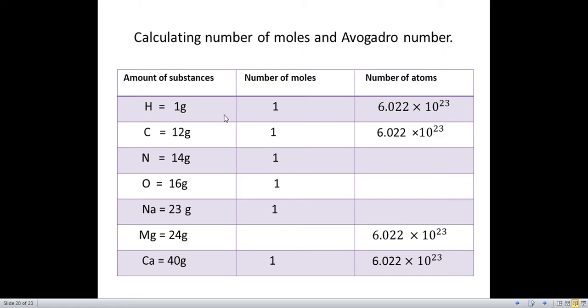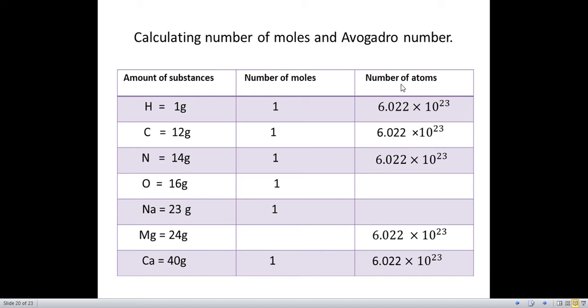Hydrogen 1 gram, 1 mole; carbon 12 grams, 1 mole; 14 grams 1; 16 grams 1; 23 grams 1; 24 grams 1; and calcium 40 grams also 1.